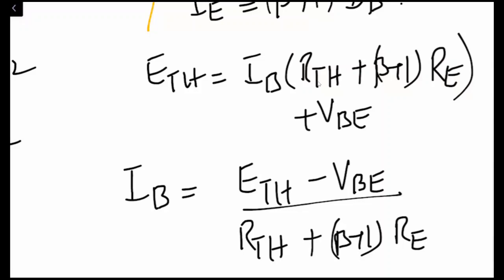In this way, if there is a change in beta, the overall impact of the change is very, very small as compared to when there is no beta in the denominator, right? Due to that reason, these circuits, when we have an emitter resistance, are more stable as compared to the fixed biased configuration circuits. Are you with me?